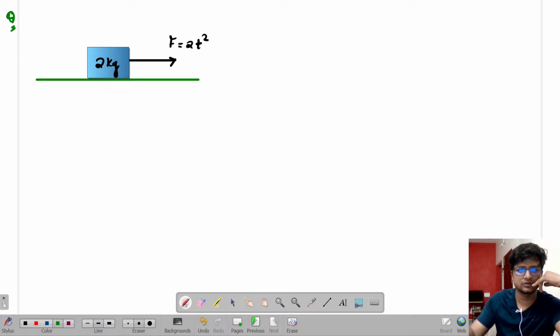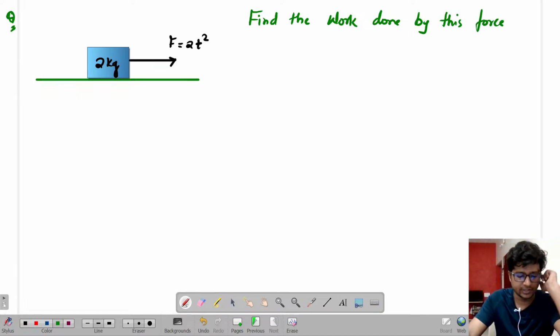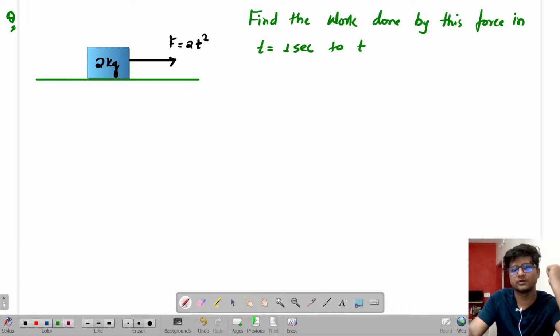Okay. So the question is, find the work done by this force from t is equal to 1 second to t is equal to 2 seconds.